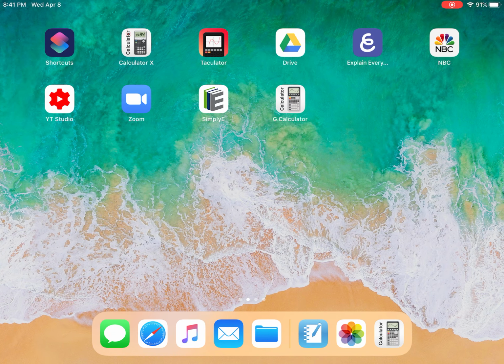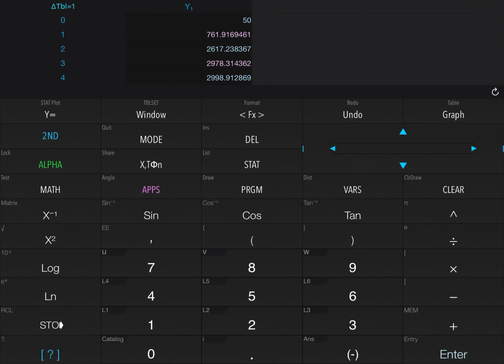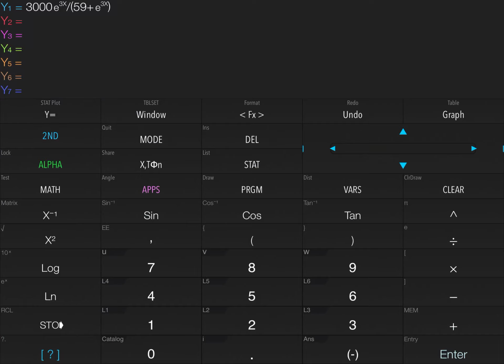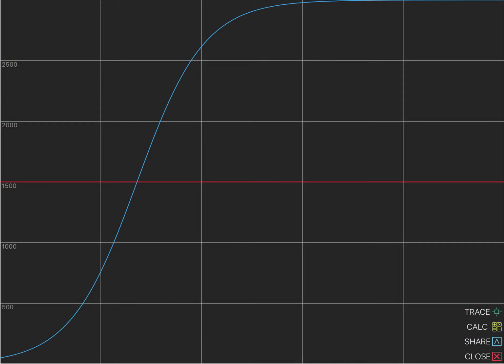So I'm going to go into my calculator, and I'm going to put in half of 3,000, which is 1,500, and I'm going to see it hit that. Again, you see this all over the news right now. In the version I have, it has a form of calc intersect that locks into that for me. And you can see it up at the top of the page.